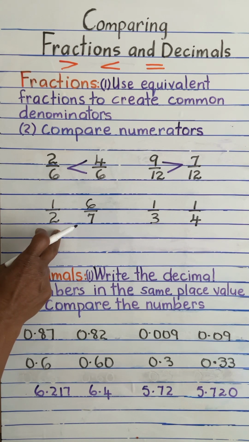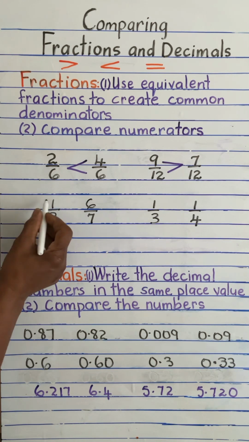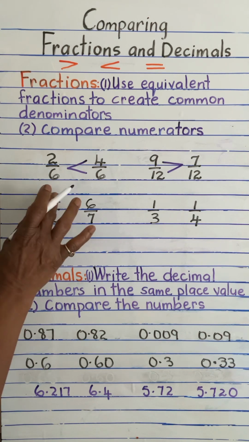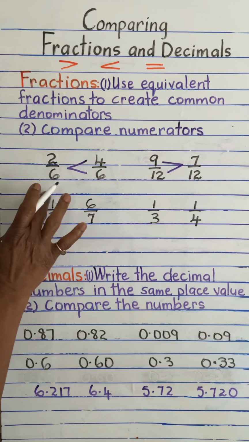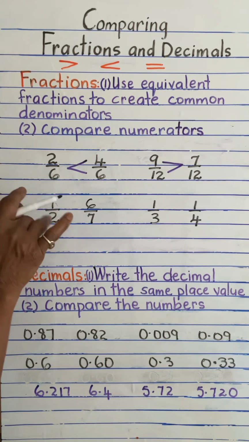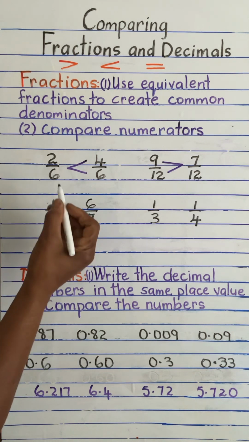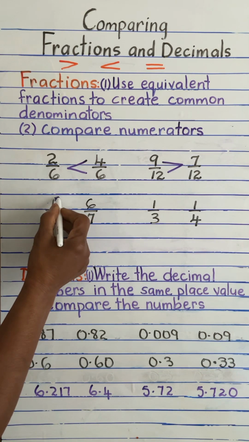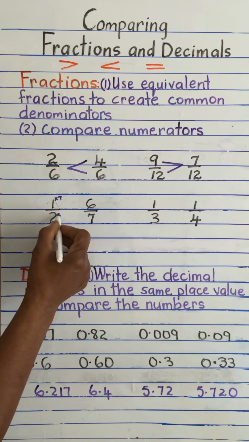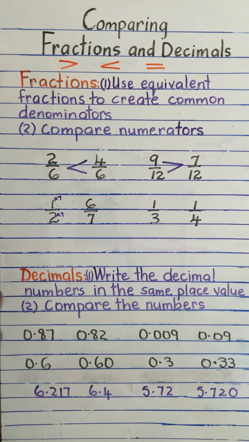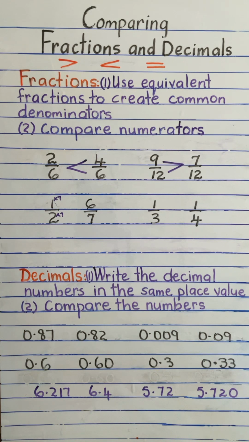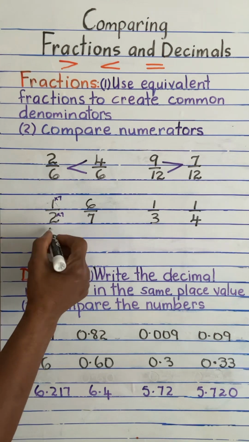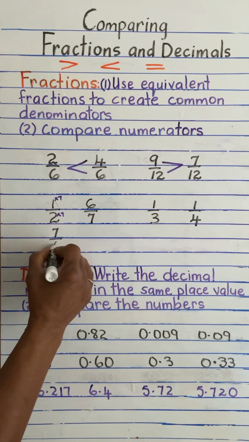We multiply by 7. So we multiply the numerator and the denominator by 7. This will give us 7 over 14.